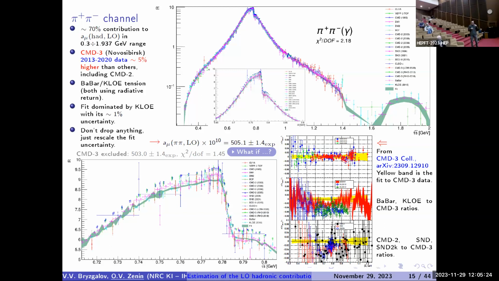In the appendix, I quote a recent talk by CMD3 authors who tried to pin down possible sources of this discrepancy. They tried to identify sources of systematic uncertainty which could be overlooked and which could contribute to the systematic shift between the CMD3 measurement published this year and the CMD2 result obtained on the same detector before the upgrade.